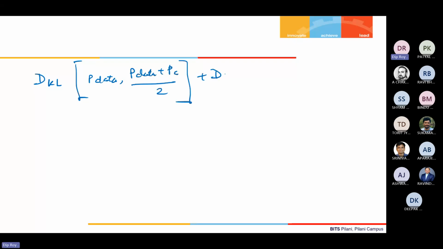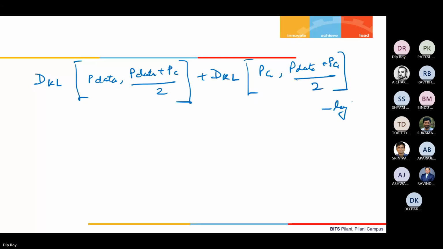So I can write this quantity as DKL of P data and (P data plus P G) divided by 2, plus DKL of P G and (P data plus P G) divided by 2, and minus log of 4.